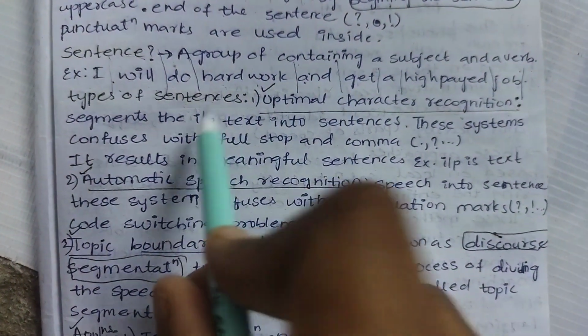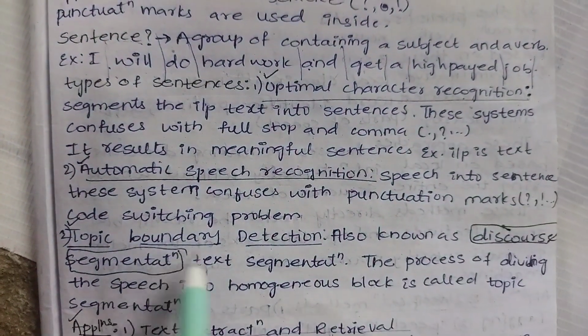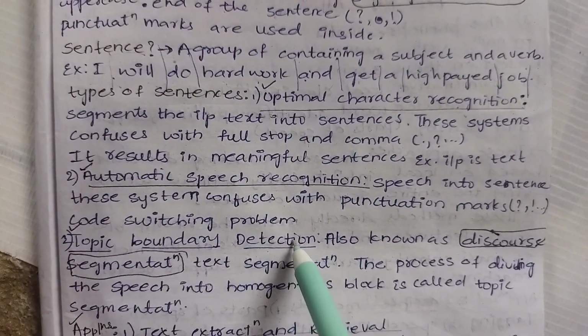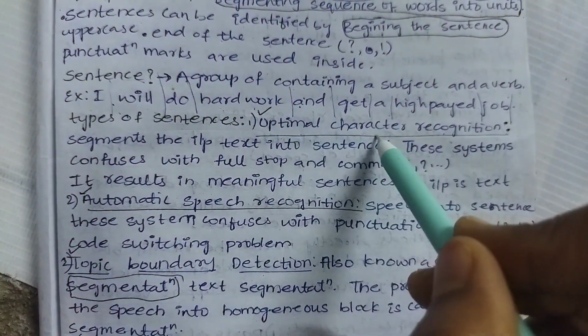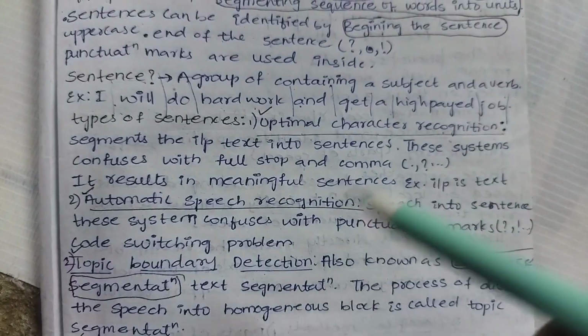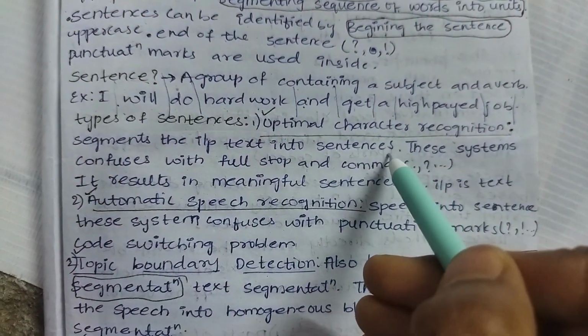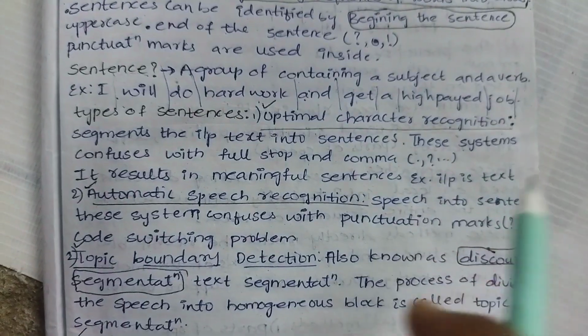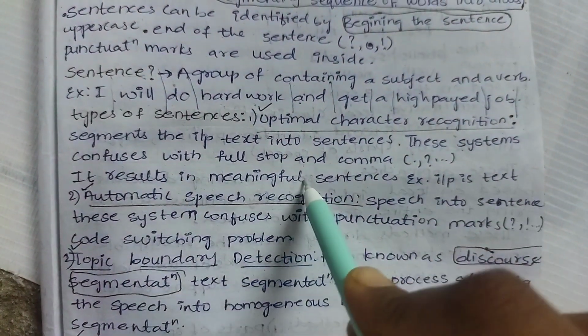Types of sentences: we have optical character recognition and topic boundary detection. Optical character recognition is the segmentation of dividing the input text into sentences. We use systems that focus on full stops and commas, which result in meaningful sentences.